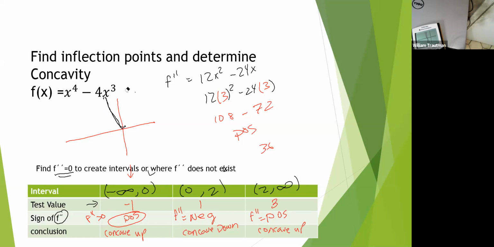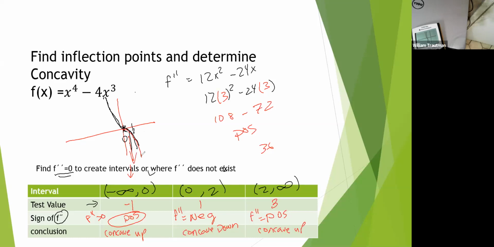And then the curve goes down like this, and between 0 and 2, between this amount of curve, you see how the curve is concave down. If we're just looking at that area, the graph is concave down.